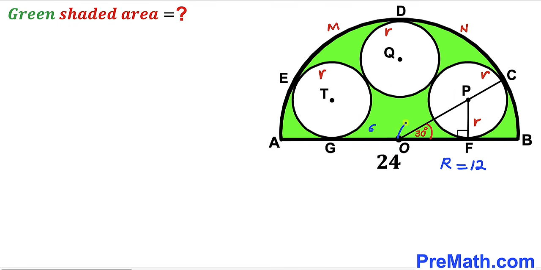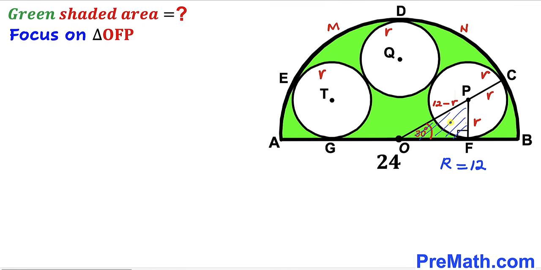We know that this OC is the radius of the semicircle, which is 12. I'm going to label this radius PC as lowercase r. So this remaining segment OP is going to be 12 minus r.